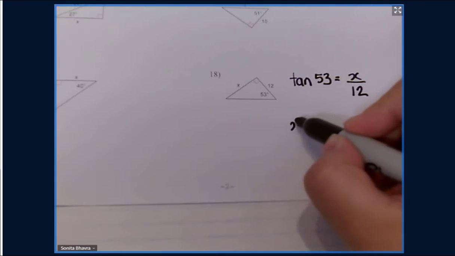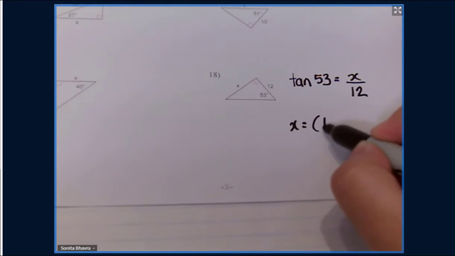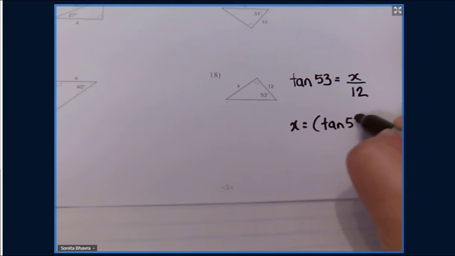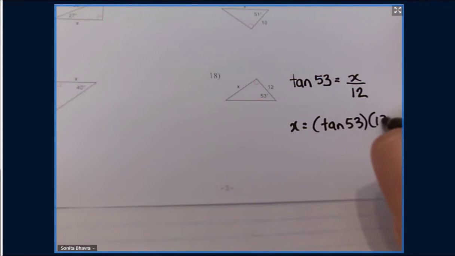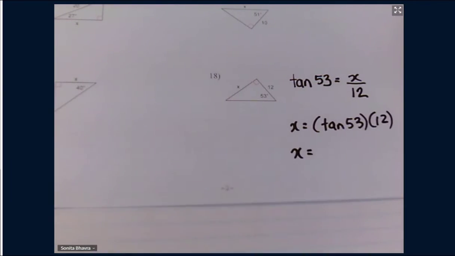To solve for x then, we're going to multiply tan of 53 multiplied by 12. So in my calculator, I'm just going to type that in. Tan 53 times 12. Make sure to close your bracket when you put it into your calculator.